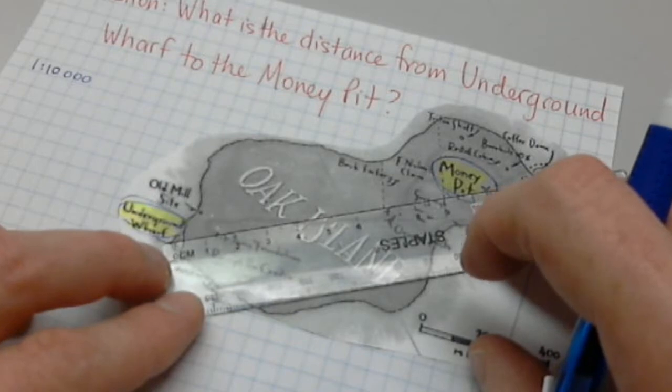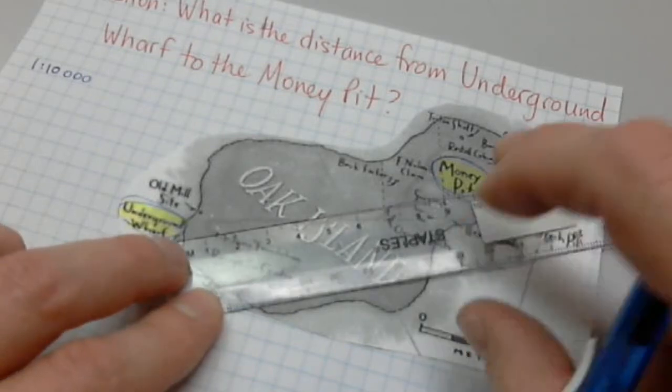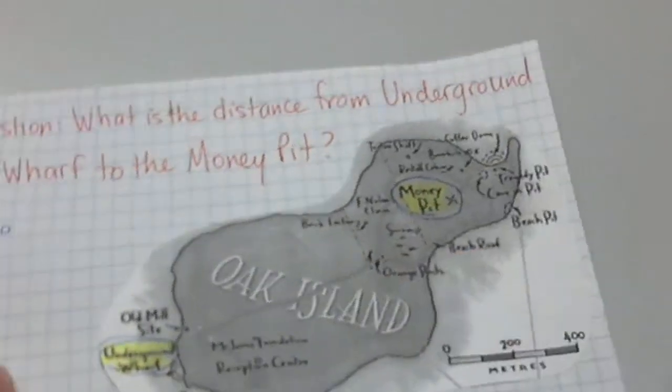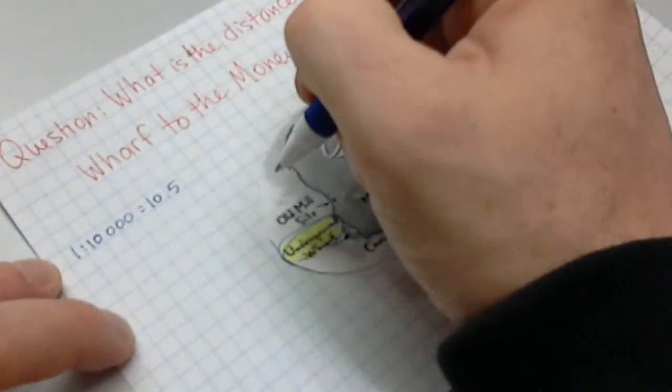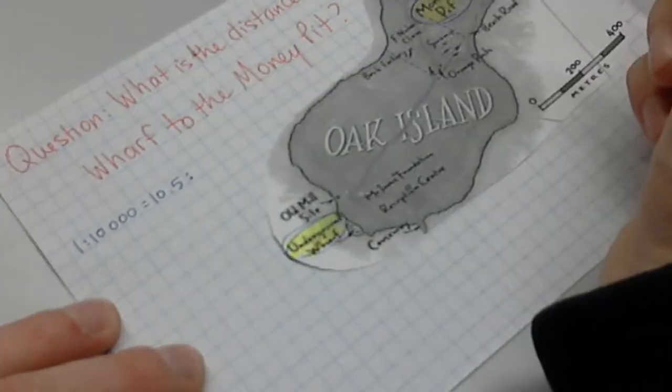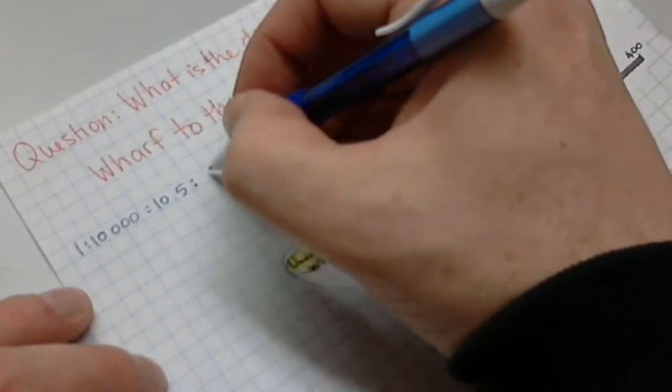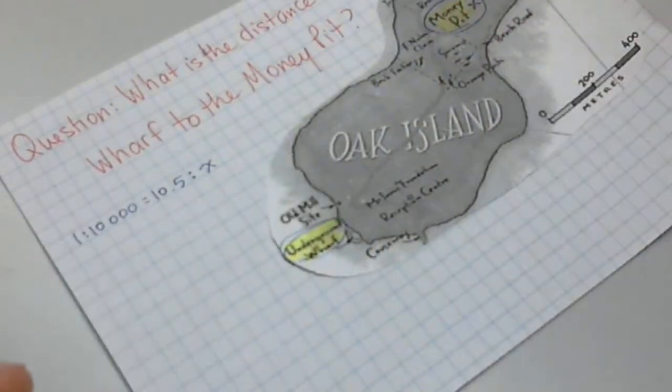This is kind of an estimate, but it's roughly 10.5 centimeters. So it's going to equal 10.5 to something. I'll just make this an x. It's just a variable. It just means it's an unknown.